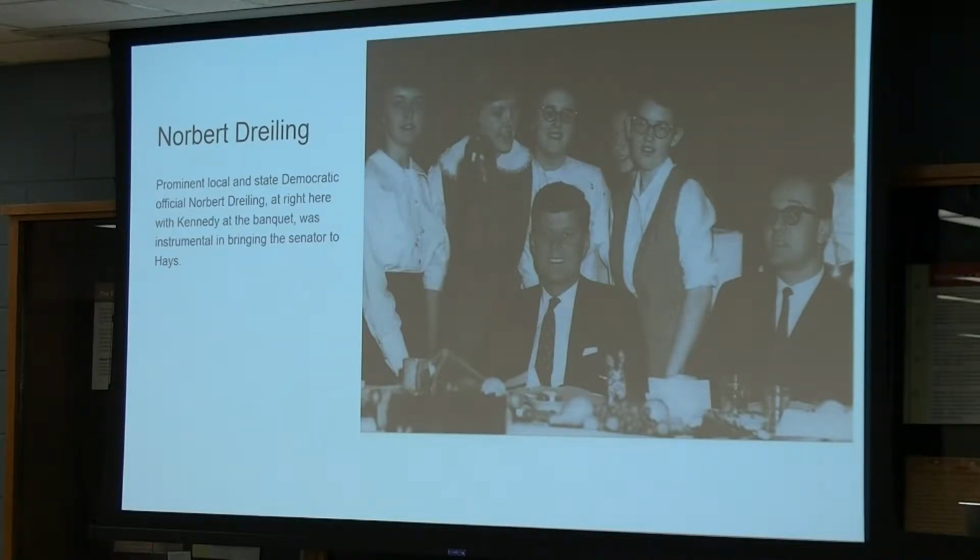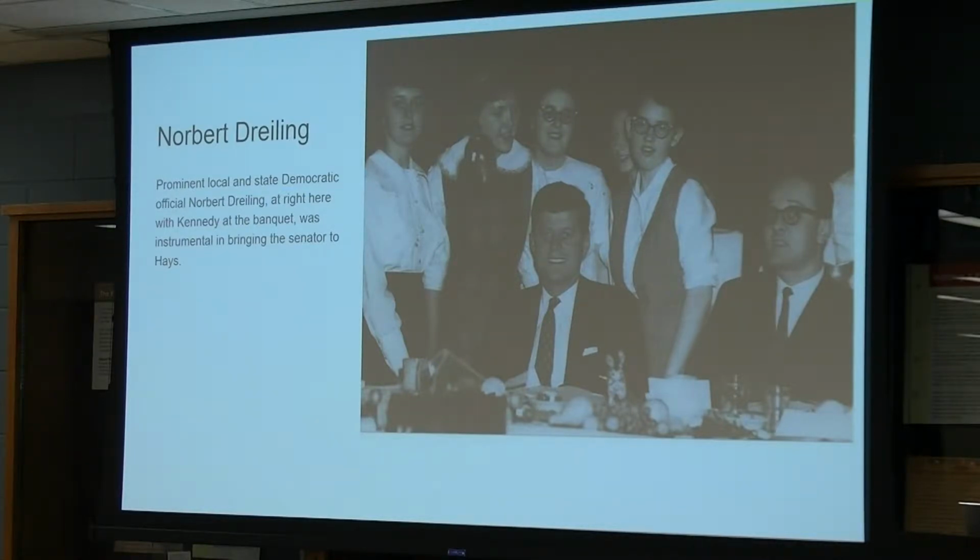Norbert was the 6th Congressional District Chairman from 1950, and in '57, '58, and '59, he had fundraising dinners. The 6th Congressional District would be the northwest corner of the state back then. It would be part of the Big First District now, but it was divided differently back then. So Norbert was in charge of 26 counties as the chairman.